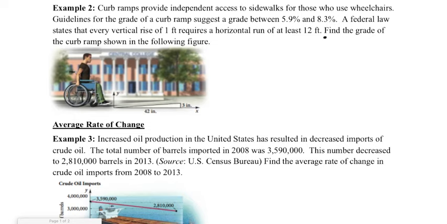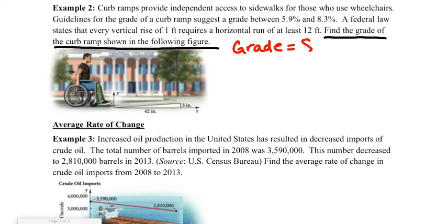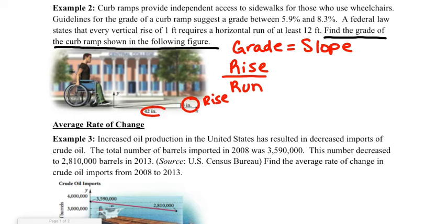So they're telling us to find the grade of the curb ramp shown in this diagram. So grade just means find the slope. Remember, slope is rise over run. So when we're looking at this picture, this right here, this 3 inches is my rise, running over this 42 inches.